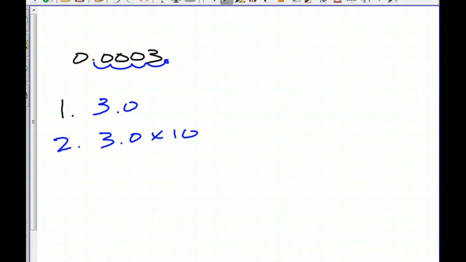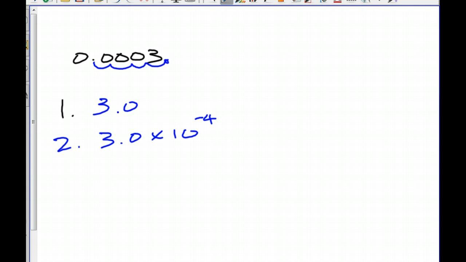I moved it to the right 4. So I have a 4 up here. Next statement is, which way did I move the decimal? I moved it to the right. When you move the decimal to the right, the exponent is negative. When you move the decimal to the left, the exponent is positive. Okay?